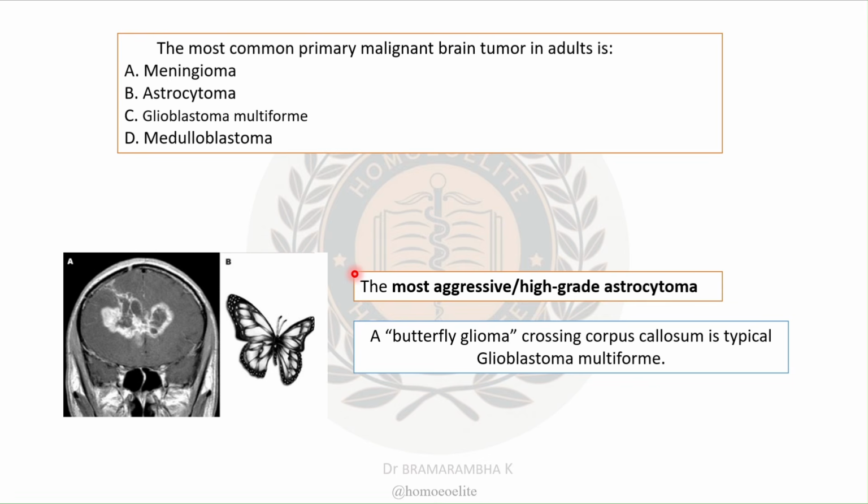So the most common primary malignant brain tumor is glioblastoma multiforme. First of all, the aggressive kind of tumor is an astrocytoma. Astrocytoma is nothing but the glioblastoma multiforme.